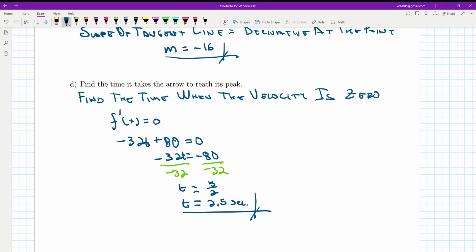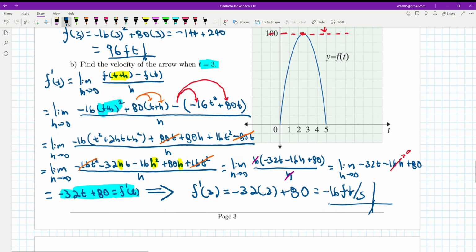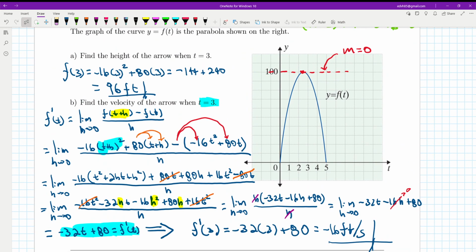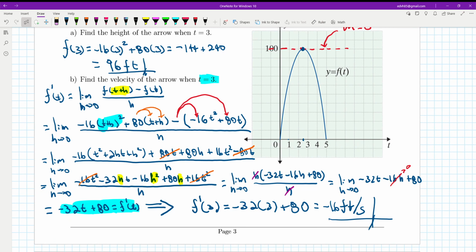All right, let's verify that with the graph that we had over here. Let's go to that point where the maximum is, and the time, yes, it's exactly in the middle between 2 and 3, which is precisely 2.5. I know this process of finding the derivative of a function is long.